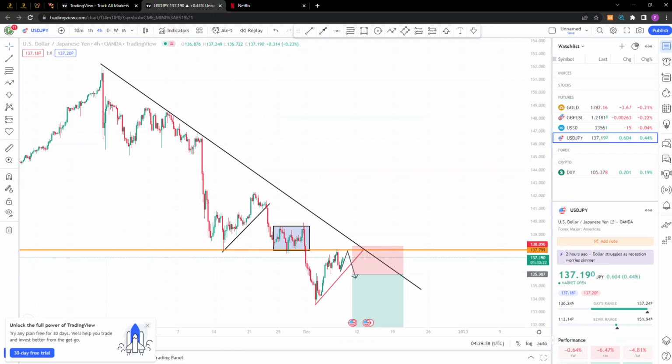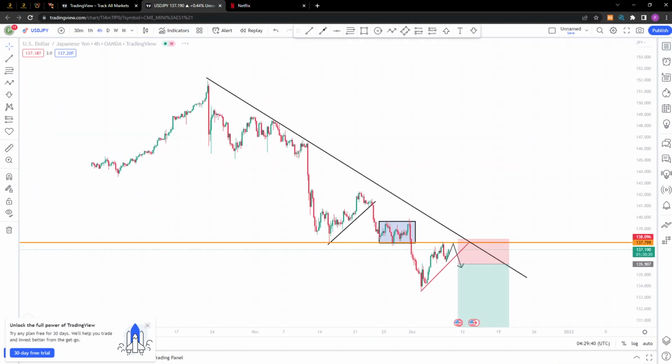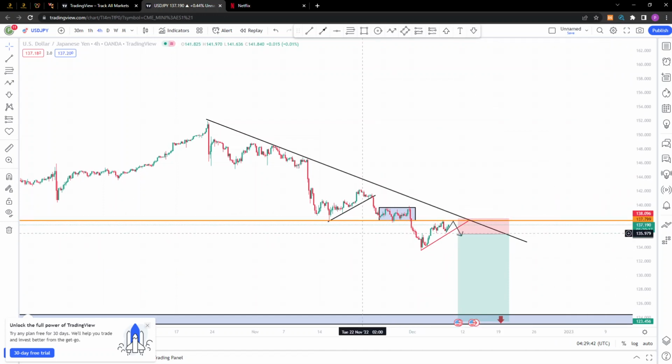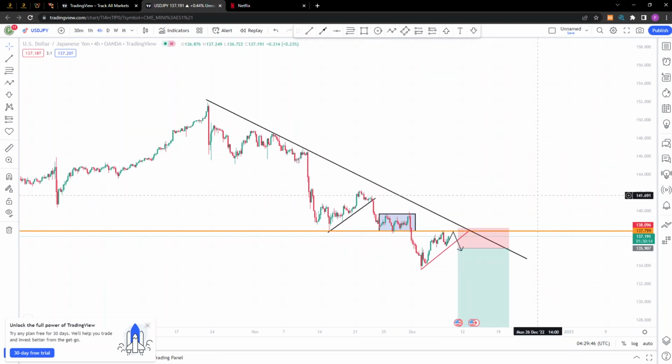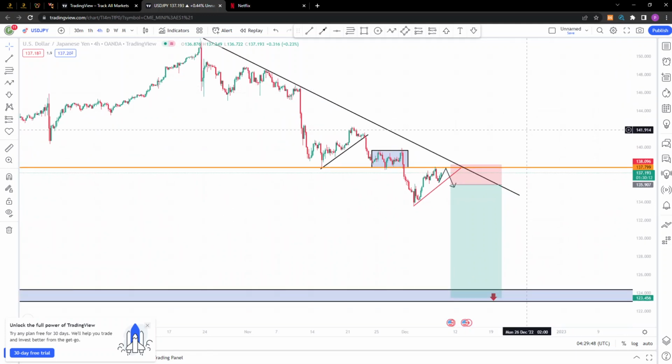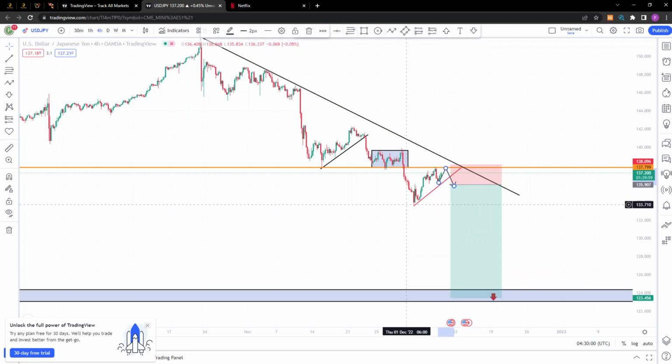This is money. Very clear signal, no doubt, a very clear signal to take this trade. Alright, so guys, that's what's up.